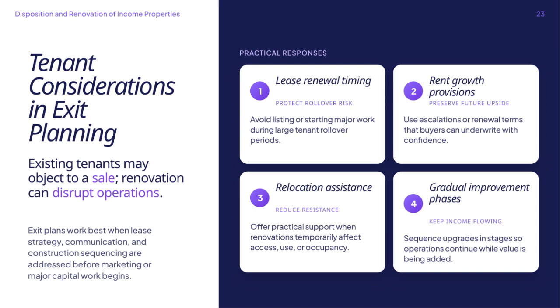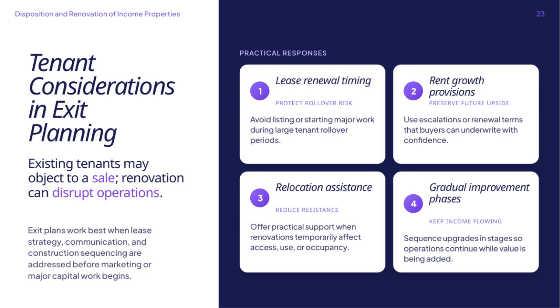First, timing lease renewals strategically helps protect against rollover risk by avoiding major listings or renovations during periods when multiple tenants are renewing leases. Second, incorporating rent growth provisions like escalation clauses or renewal terms ensures buyers see clear future upside, preserving value.